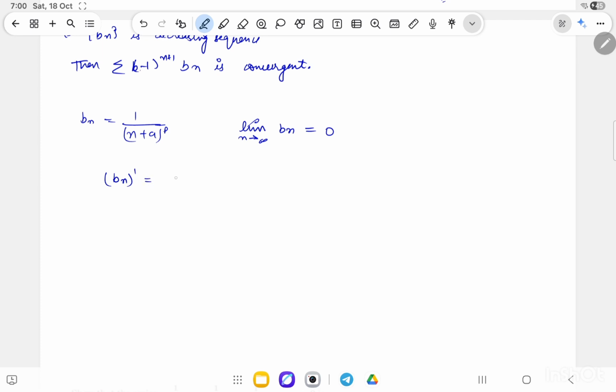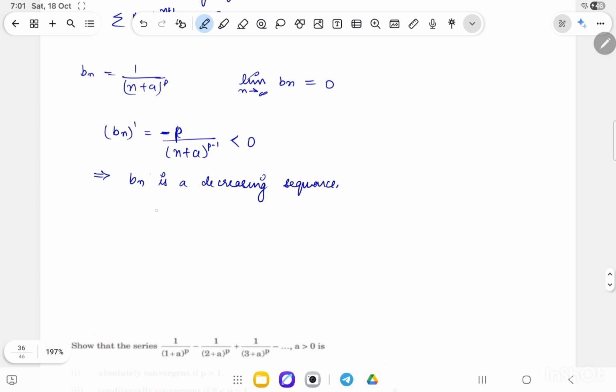That will be minus p divided by (n+a)^(p+1), and this term will always be less than 0 because n is positive and a is positive, so all the terms are positive, and because of this negative sign, this whole thing will be negative. So from here I can say that my bn is a decreasing sequence.